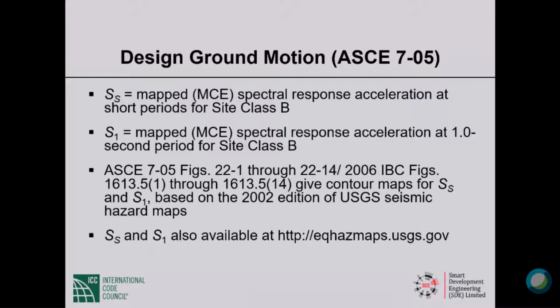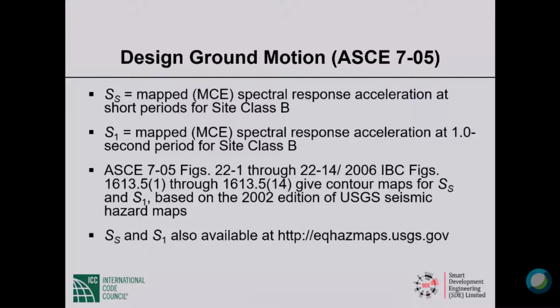So S sub S is the maximum considered earthquake spectral response acceleration at a period of 0.2 second for site class B, which is soft rock, like the rock of the western United States, California rock, which is the benchmark site class for which the U.S. Geological Survey does all their mapping. S sub 1 similarly is the mapped maximum considered earthquake spectral response acceleration at a period of 1.0 second. It is also for site class B.